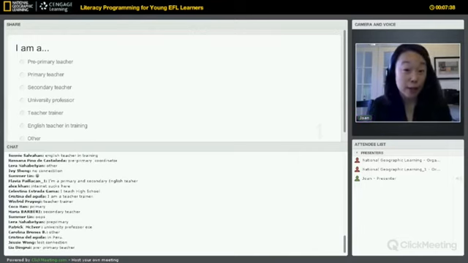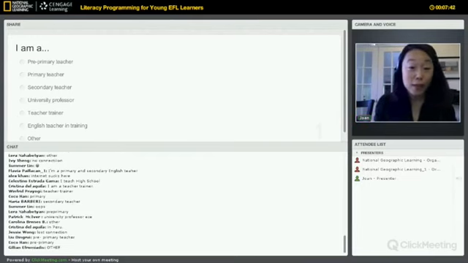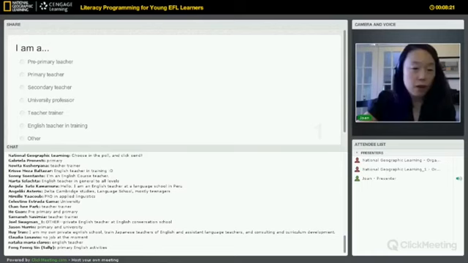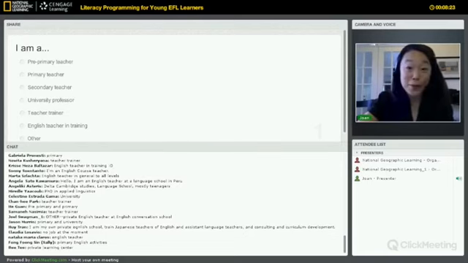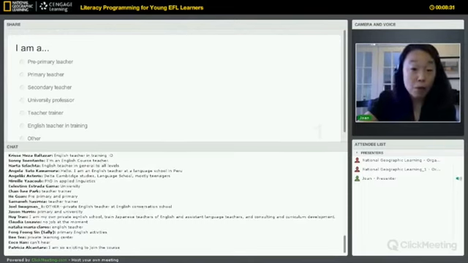If you're in that other category, you could type in the chat box how you would identify yourself. Yeah, we have quite a range. We have pre-primary teachers, secondary, university professors, teacher trainers, but it seems like the most of you, 17%, are primary teachers.